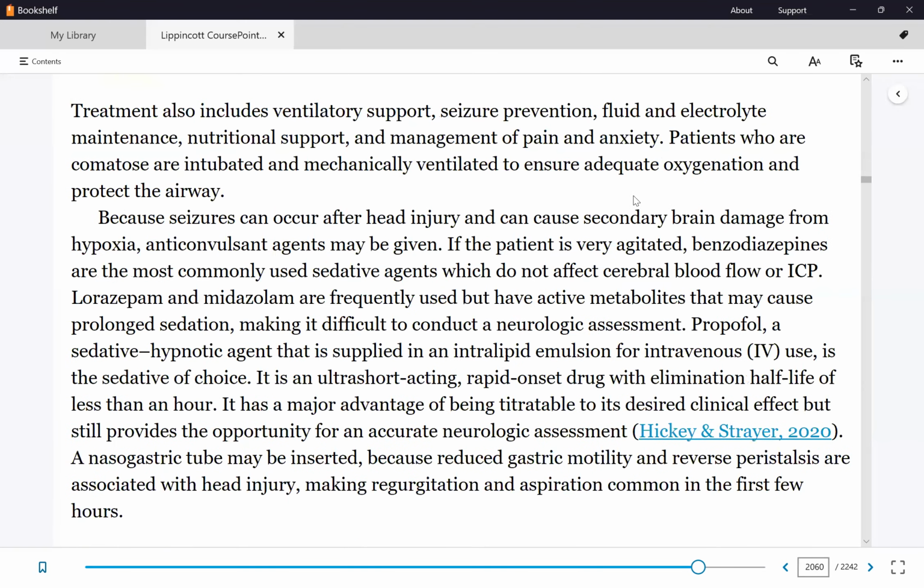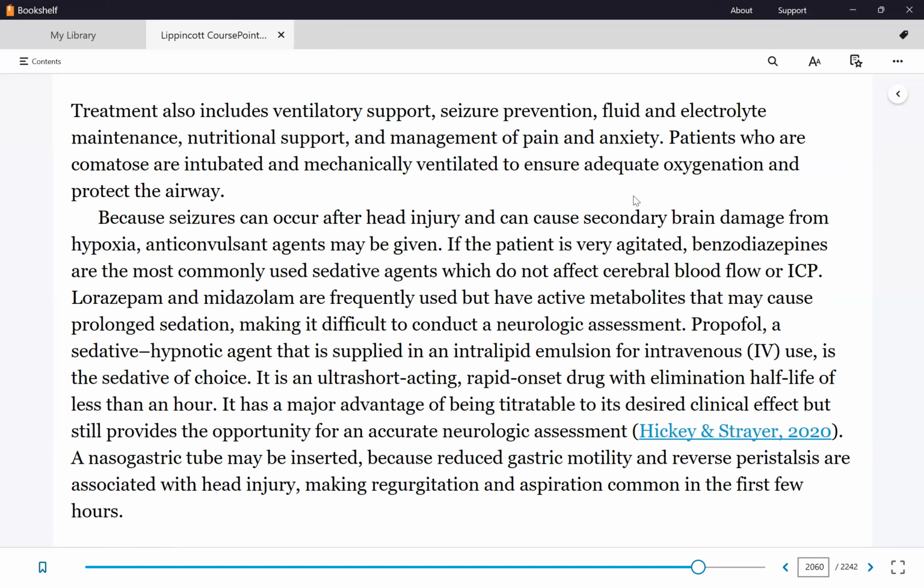Supportive measures, this will be to address the secondary injuries. For instance, since they're at risk for seizures, what will be given to the patient? Specifically, what can we give? You finished seizures last semester. So what drugs are given for seizures?